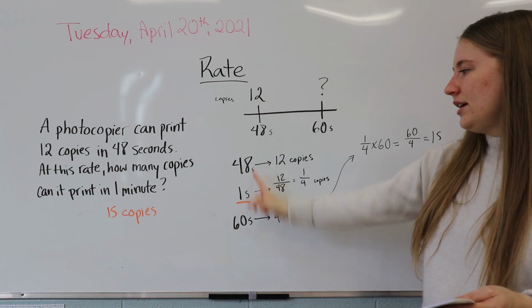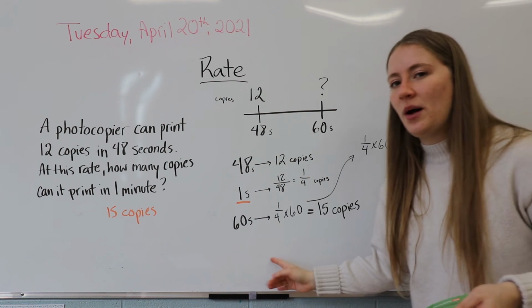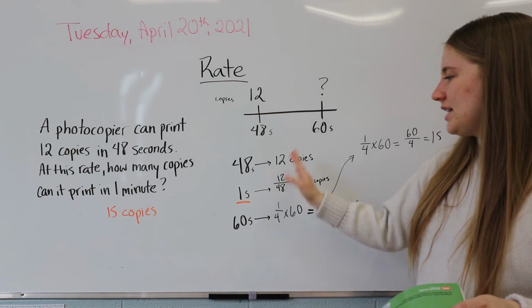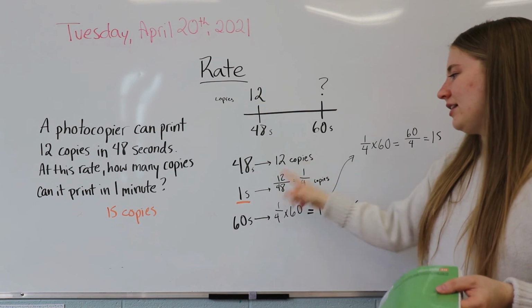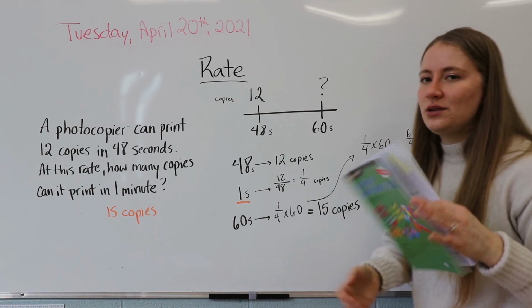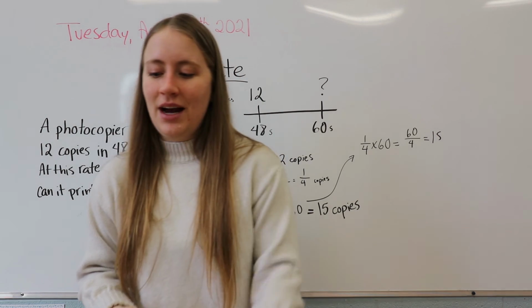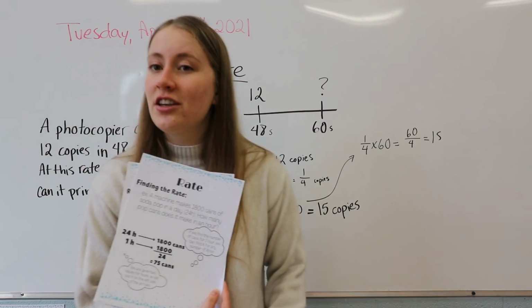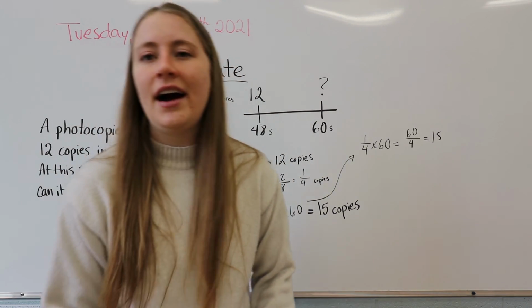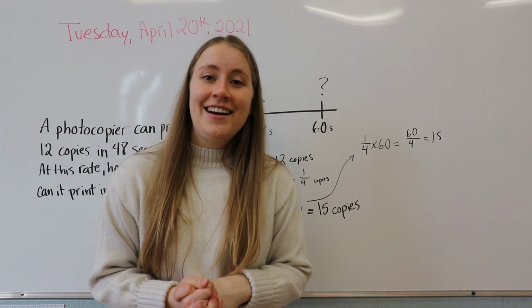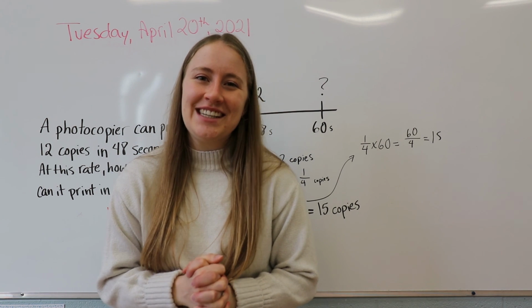And then be following the program with the arrows as well, because that's just a good way to represent the information and the math that you're doing. Okay, so as you work on this, please keep those in mind, and you can have a look at your anchor charts to remind you of how to find the answer, and you can also reach out to me if you have any questions, okay?